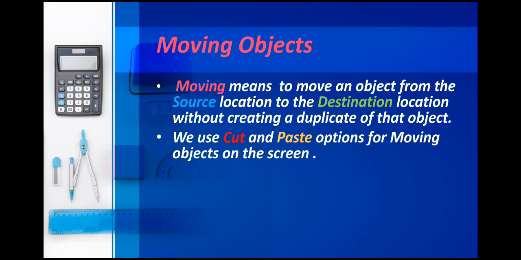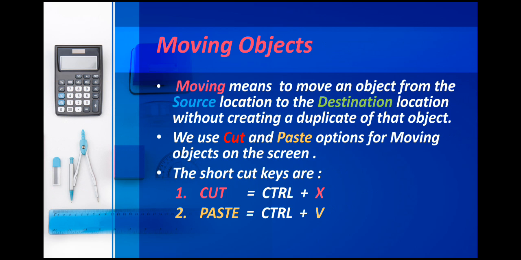We use cut and paste options for moving objects on the screen. In computer terms, moving is a term for which we will use the cut and paste option. Cut from the source location and paste at the destination. The shortcut keys are: for cut, CTRL plus X; for paste, CTRL plus V.